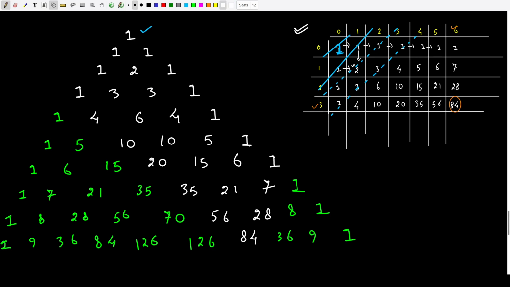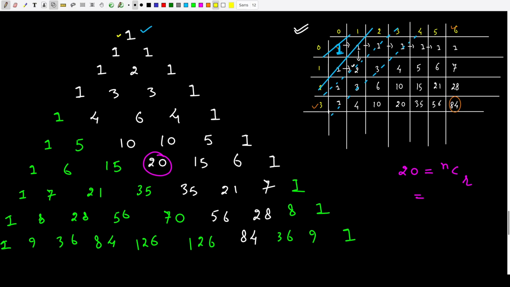Now, as we know that in Pascal triangle, if I have to represent a number, so let us say we are trying to represent this number, 20, what we can do is 20 can be rewritten in the format of nCr, and over here, the value of n is basically the row number. So let us count the row numbers.